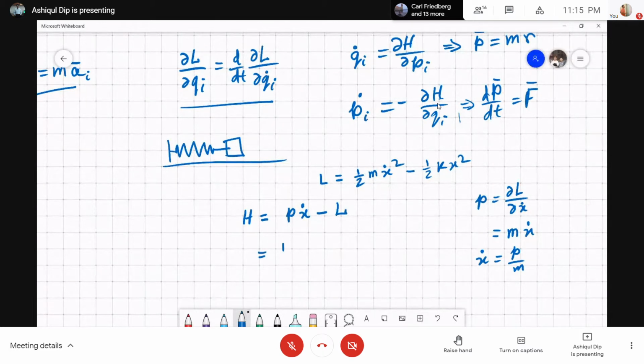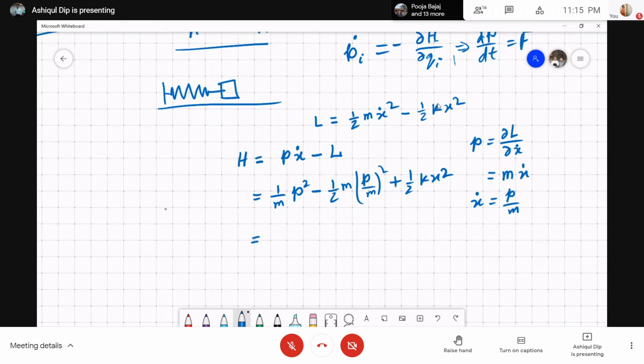So you get 1 over m p squared minus half m p over m whole squared plus half kx squared. I just substituted all x dots. Then do the algebra. You get 1 over twice m p squared plus half kx squared. That's our Hamiltonian.